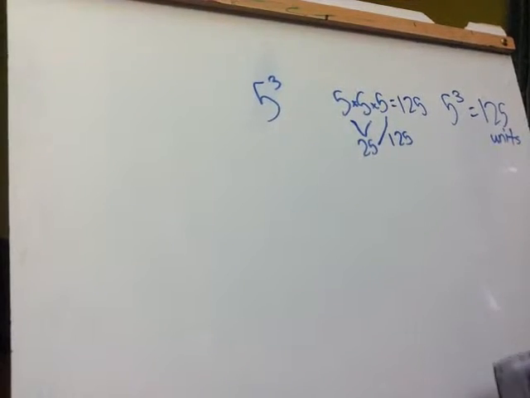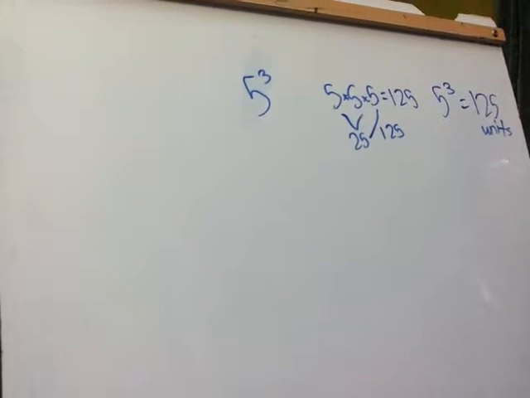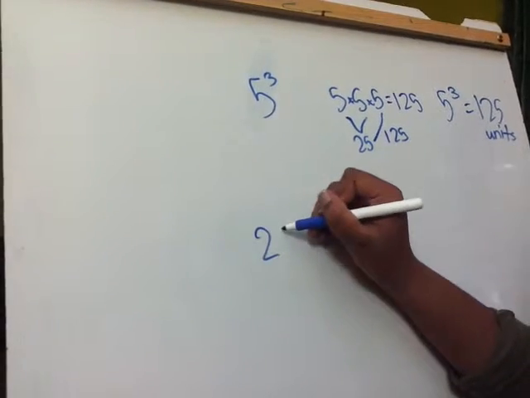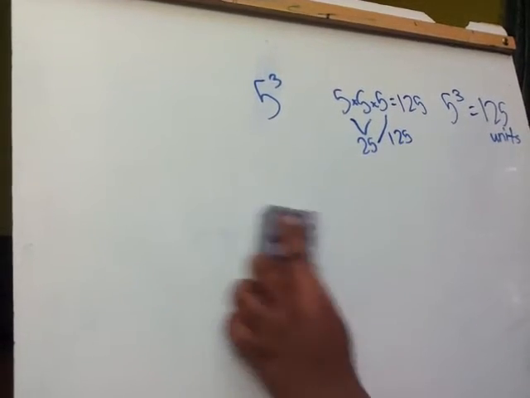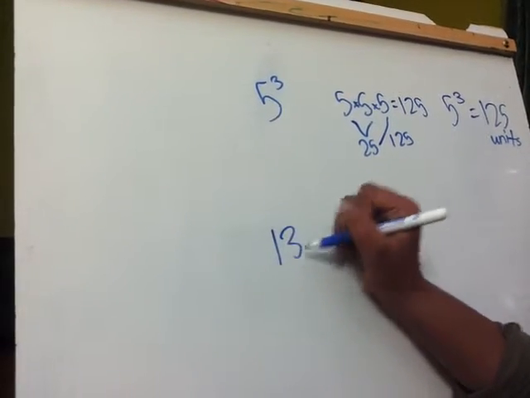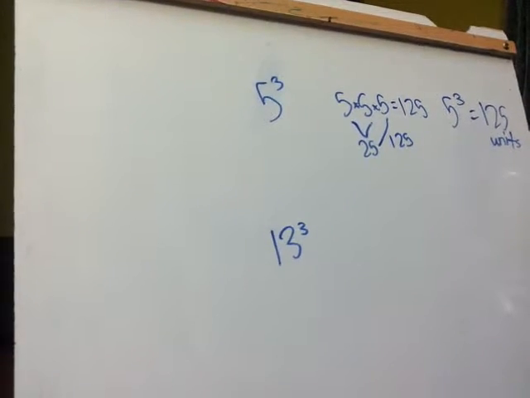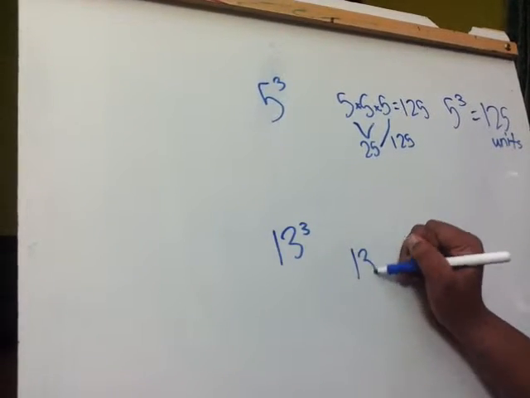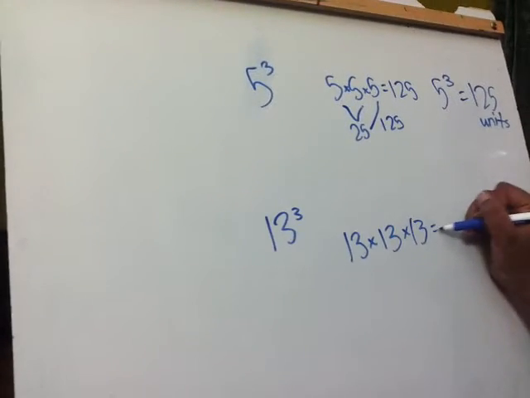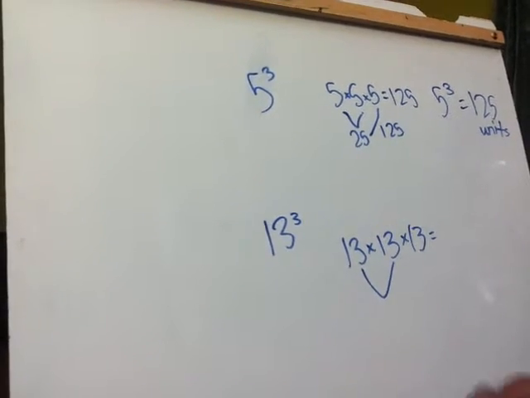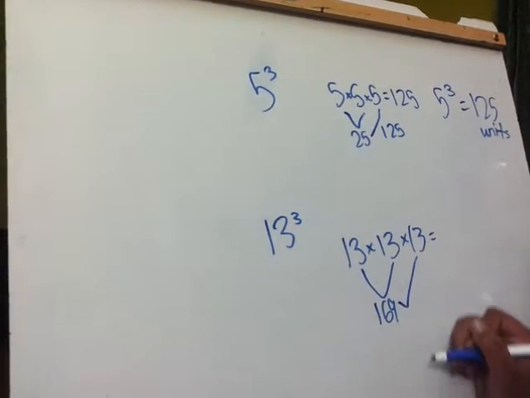But as you get older, there will be higher bases and higher exponents. So let's say 13 cubed. I know the exponent is low here, but the base is higher, so that makes a difference. 13 times 13 times 13 equals, now I know 13 times 13 is 169, but you have to multiply that by 13.